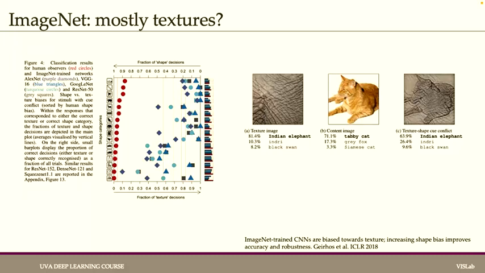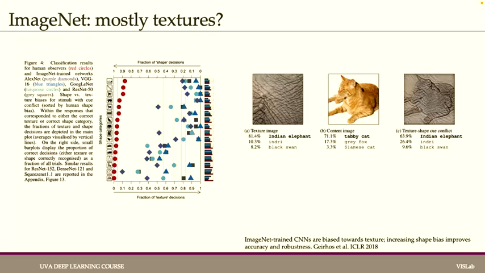So let's focus on the right plot first. You have an image that just contains a texture. The model will say Indian elephant. That's fine. You have an image of a cat. It will say cat. Sure. Now, if we saw the rightmost image C, we would probably not say elephant, at least. We would probably say kind of cat, but the models will get it wrong.